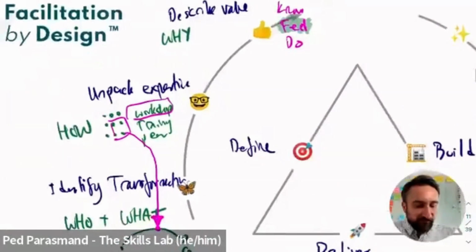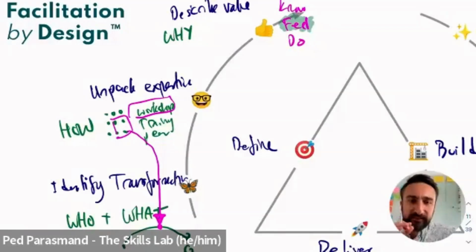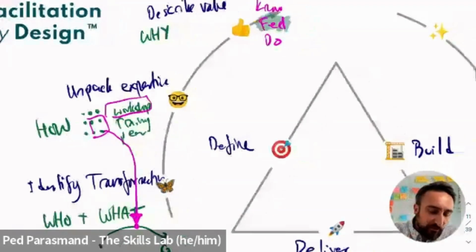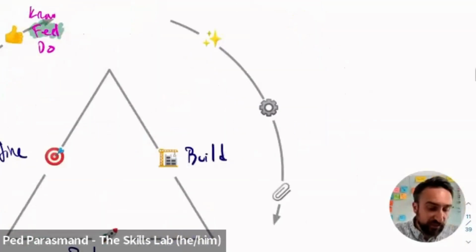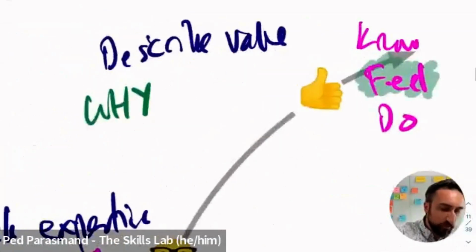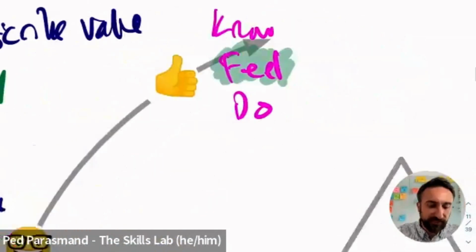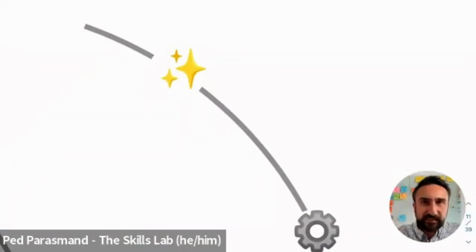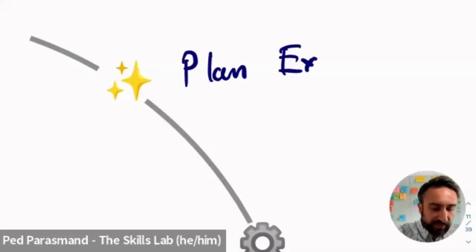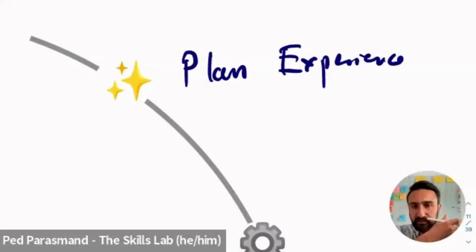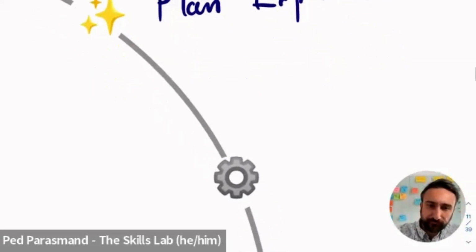As I said, I focused on the define phase, because once you get this right, then the build phase becomes so much easier. I'll go through the next steps a lot quicker, because the next two bits of my talk focus on this. When we're really clear about our value proposition, this big why and the very tangible benefits, it becomes easier to decide what goes in and doesn't go into your workshop or training. So you can plan the experience, which is the journey we're taking people on.